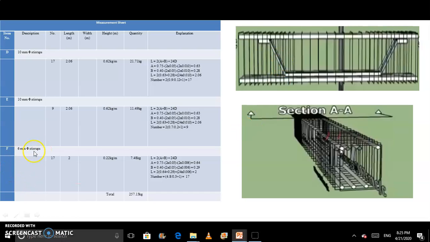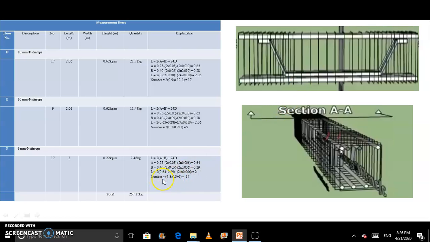So we have to find similarly for the 6 mm dia stirrups. Here we provide these stirrups over a length of 4.8 meter, and the center to center spacing is 0.3. If you see here, we multiply with 2 here, we multiply with 2 here. Why? Because we cut this beam from the center, so we get this part and this part. We find the value for this part only, and simply multiply by 2 to get the other. But at the center we have to find single bars.